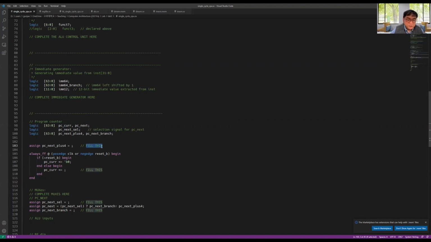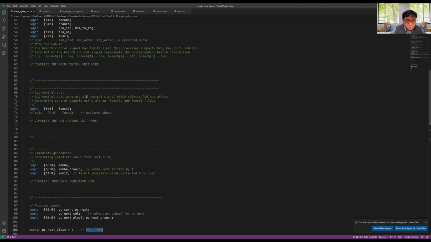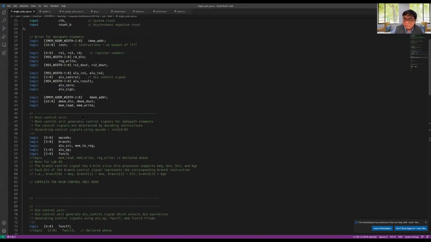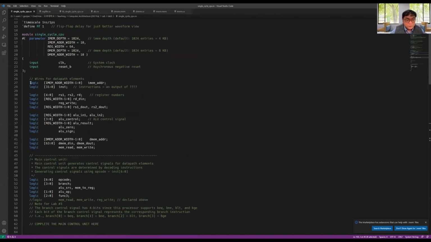Please find the fill this or complete comments in this skeleton code, and then please complete the single cycle processor design. I already provide the required wires for the data path elements. These wires are required for connecting the data path elements.